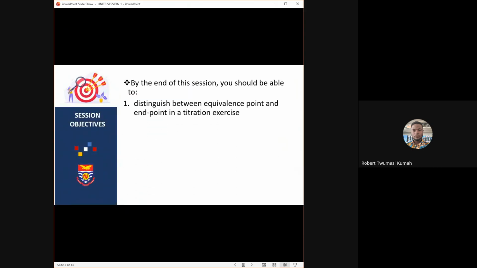So our objectives are to be able to distinguish between equivalence points and endpoints in a titration exercise, distinguish between titrants and analytes in volumetric analysis.